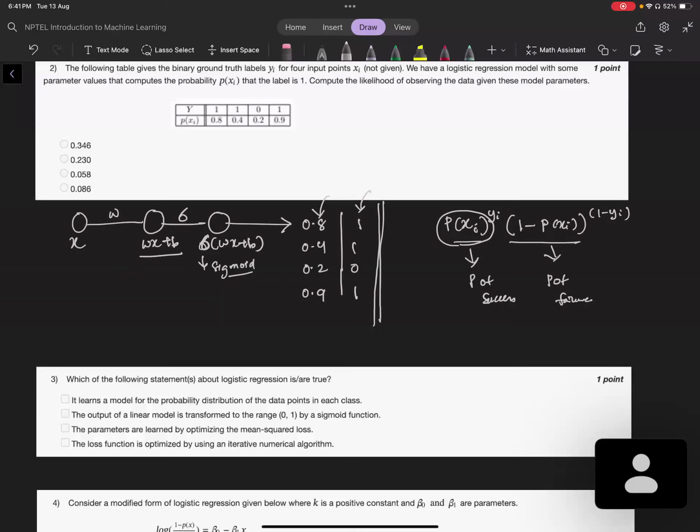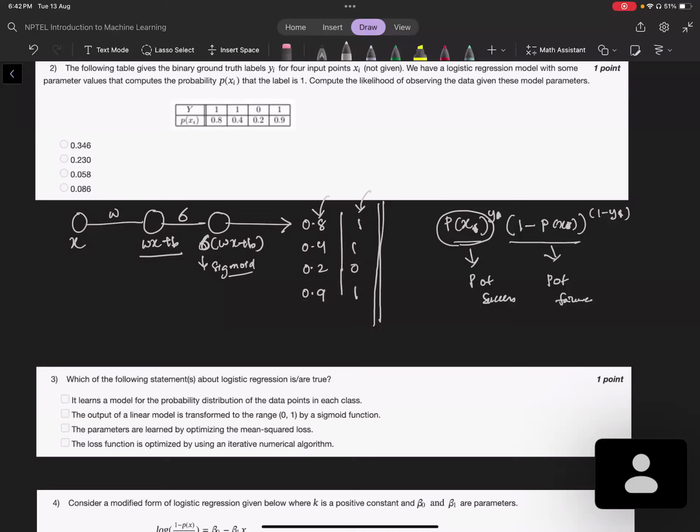Okay, so with a binary ground truth label, there is just one neuron. This is the probability of success and failure. So let's just put y as of now, so no i is there. This is your binomial equation where we first calculate the probability of success, and this is the probability of failure.